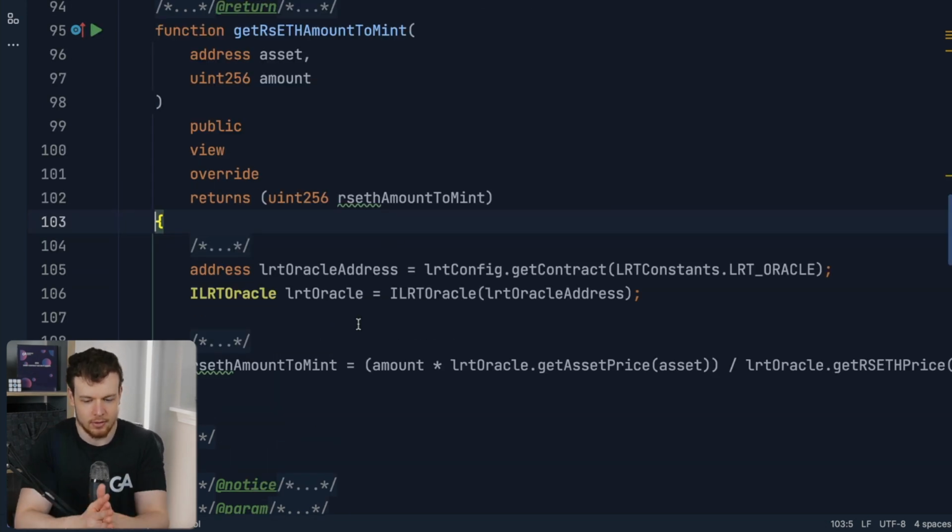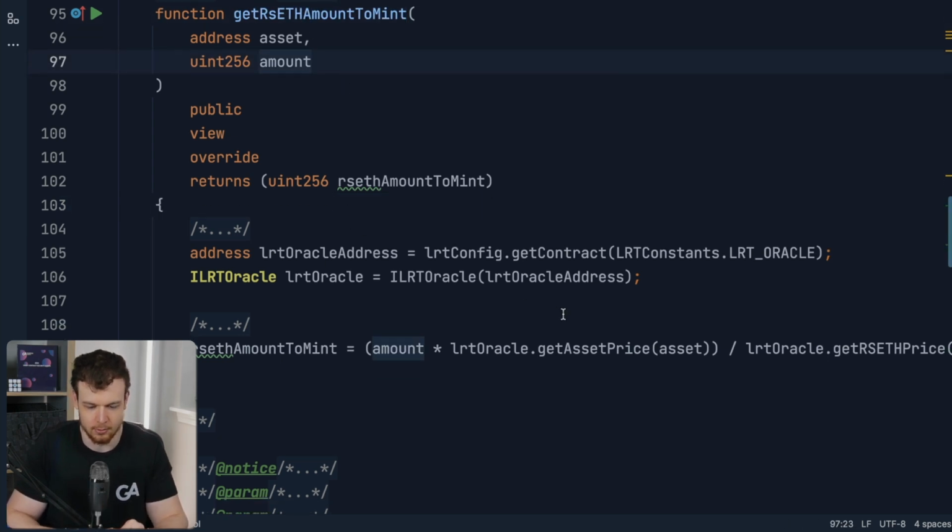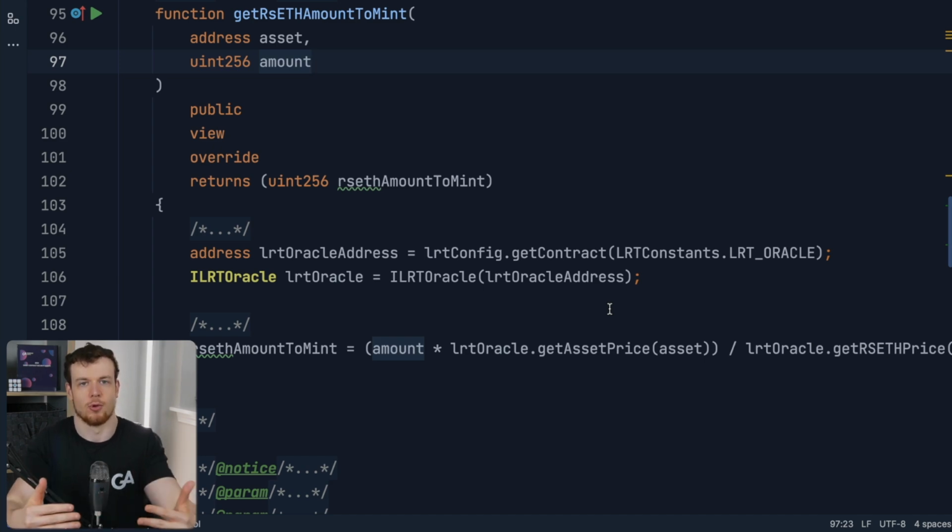And so here's the interesting function, get RS ETH amount to mint. We're doing something a little bit different, and that's why it's not always directly straightforward, like, oh, that's an inflation attack, but those three underlying principles will still apply. So let's have a look.